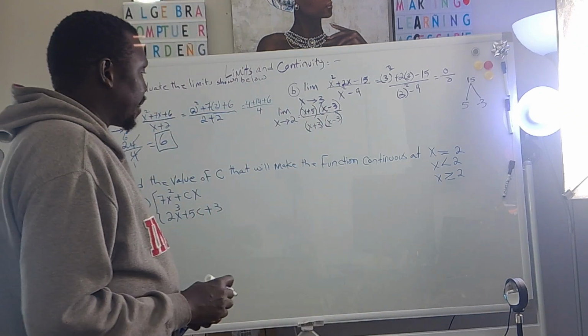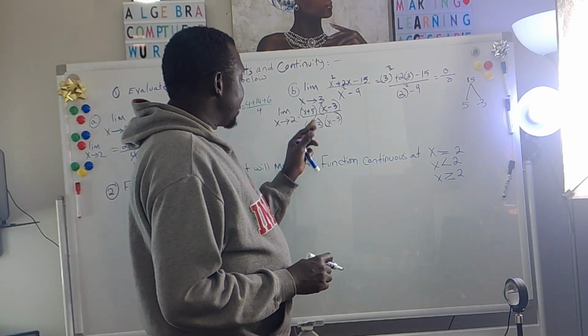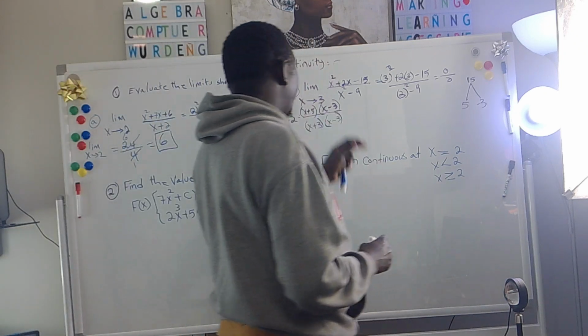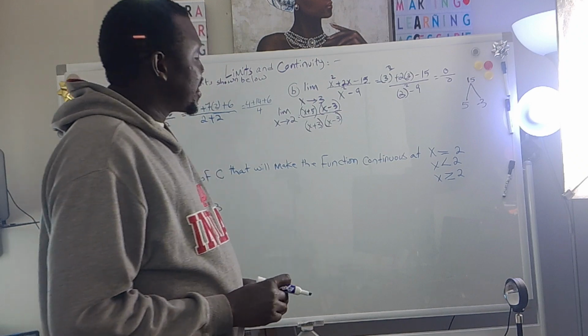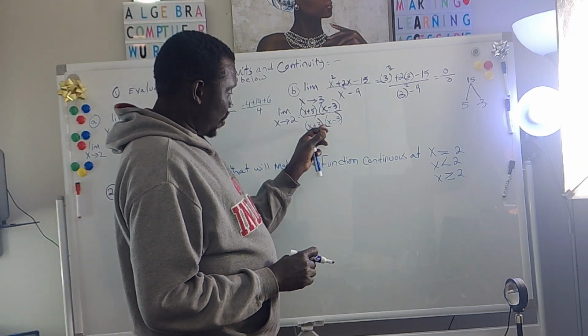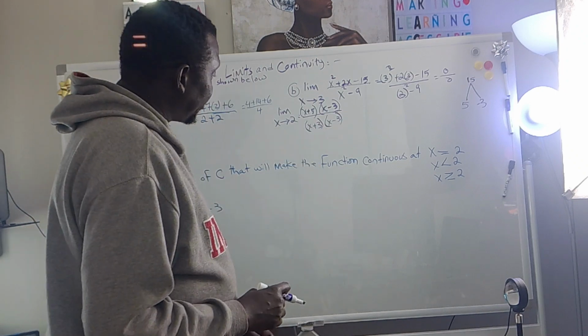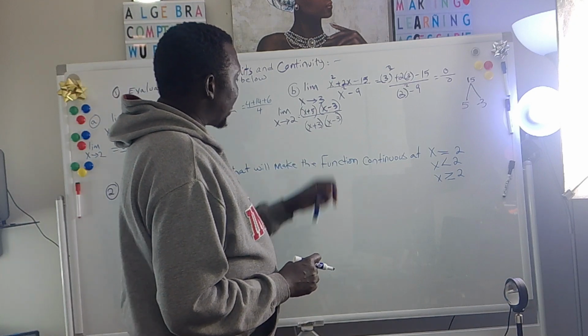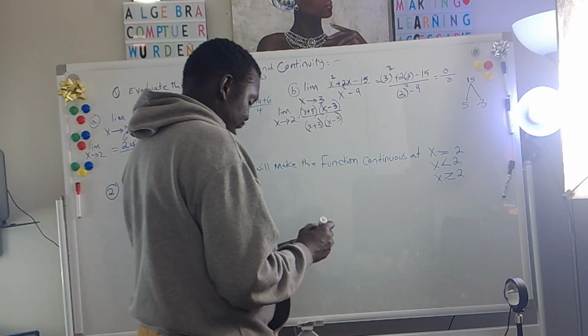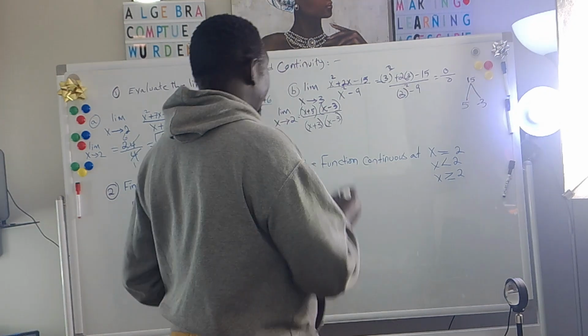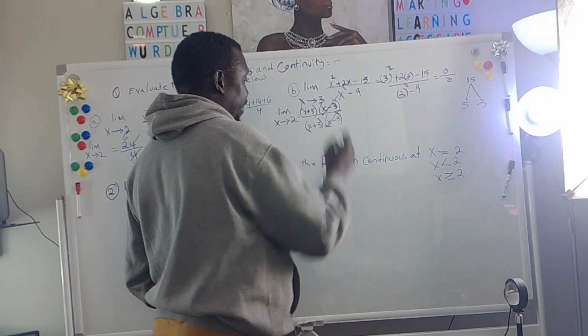Now we did this, and we will have some elimination here. In the numerator we have x minus 3, and in the denominator we have x minus 3. Let me do some cancellation here. This one goes with that.